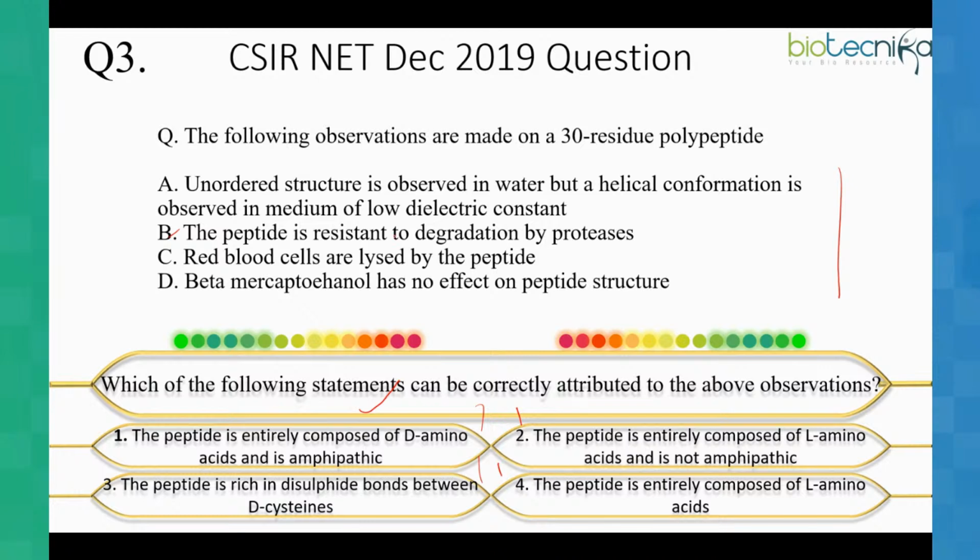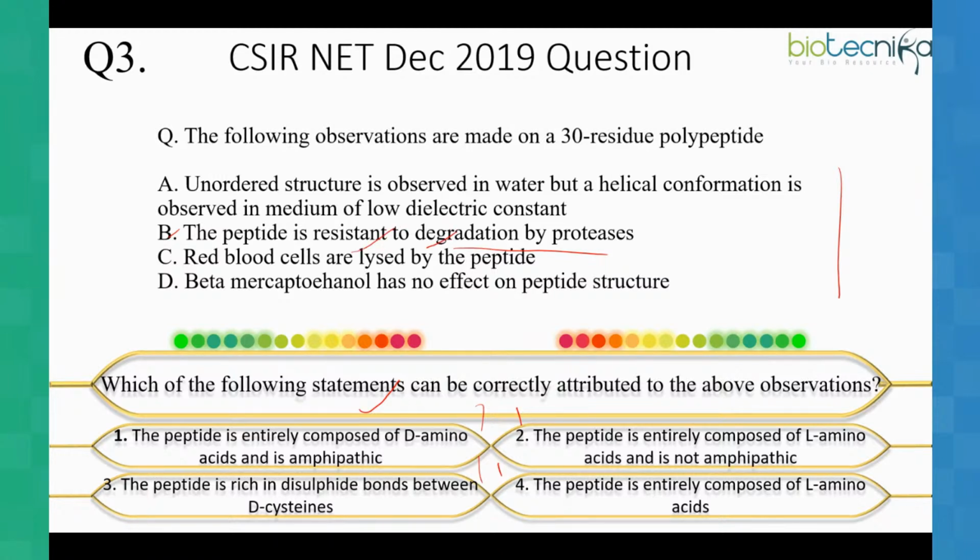Second observation is that the peptide is resistant to degradation by protease. We know proteases cleave the peptide bond between amino acids in a protein, and if the proteases are not able to cleave it, it means the protein is resistant to degradation.